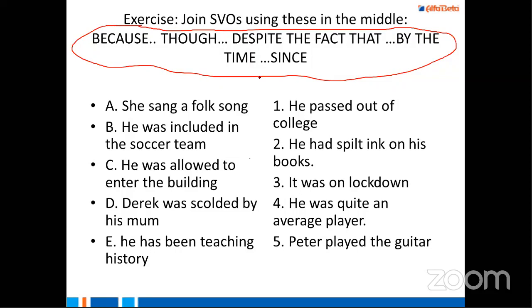Simply an exercise in understanding how these conjunctions are used and how to form a complete complex sentence. So write your combinations down on your notebooks, everybody. Your combinations could be A2, B3, C1, D5, E4. Write your combinations down, guys. I'm going to give you 5 minutes to complete the exercise.